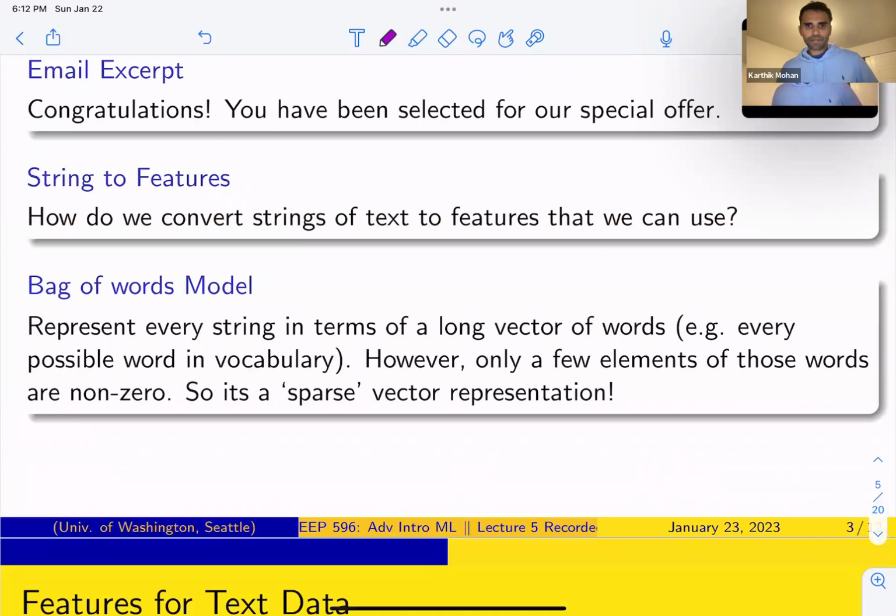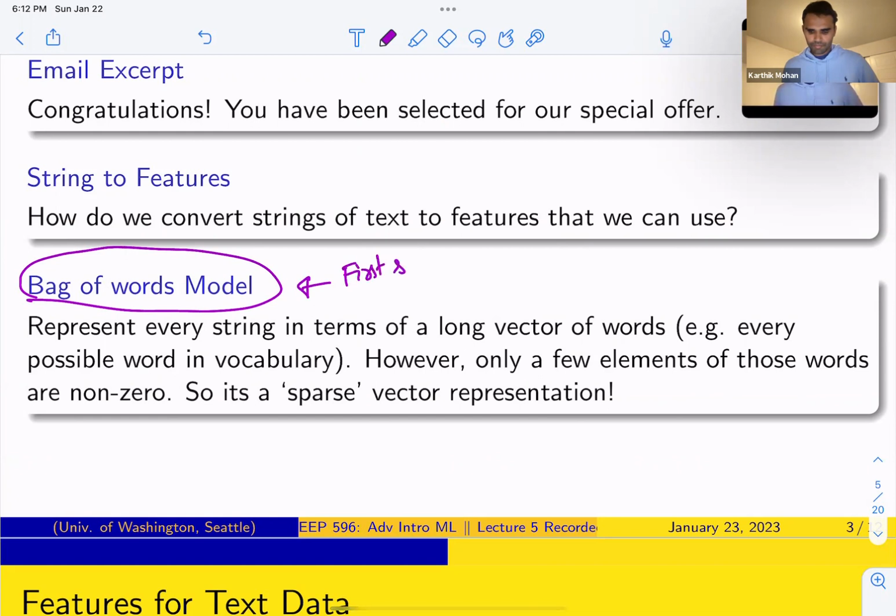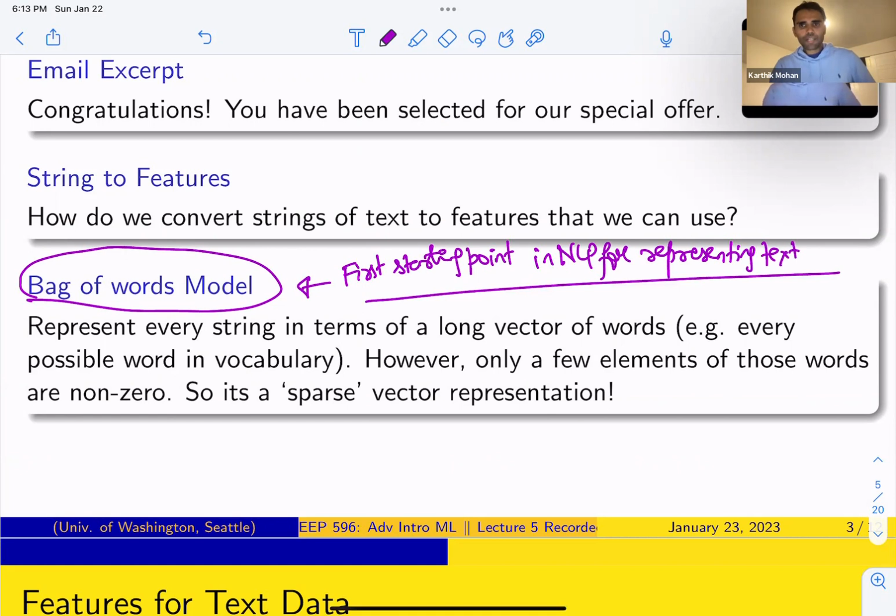One of the most common starting points for natural language processing is the bag-of-words model. So what's a bag-of-words model?